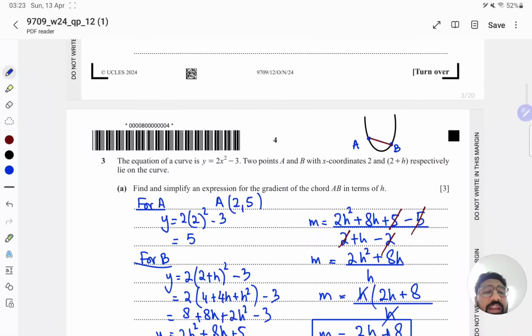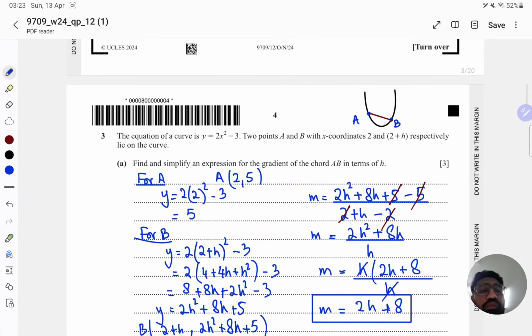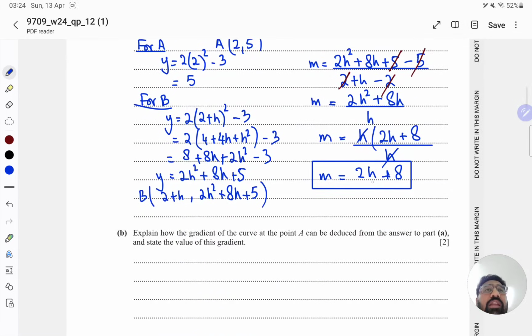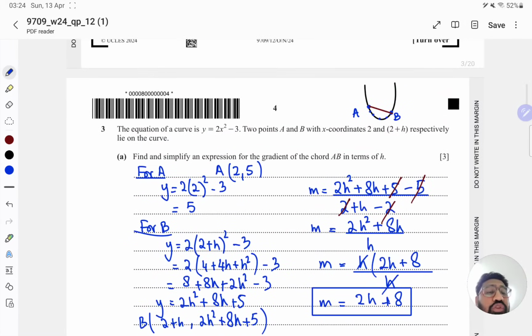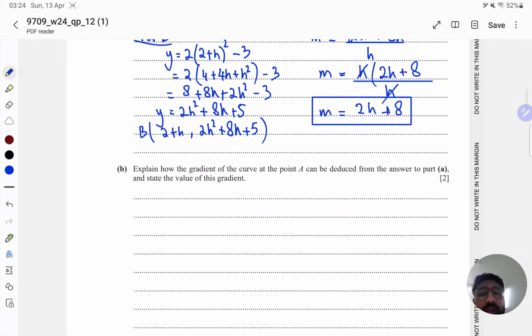So basically what he is trying to say is that if you move this point B as close as possible to A, so that we can find the gradient from the previous part using the same chord, we have to bring that chord close to A as much as possible, and that is only possible if the value of h approaches 0. If h approaches 0, then the chord will become the tangent to the curve. So we can find the gradient at that specific place.